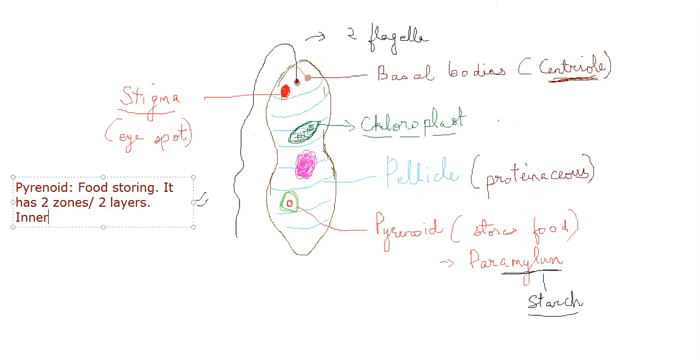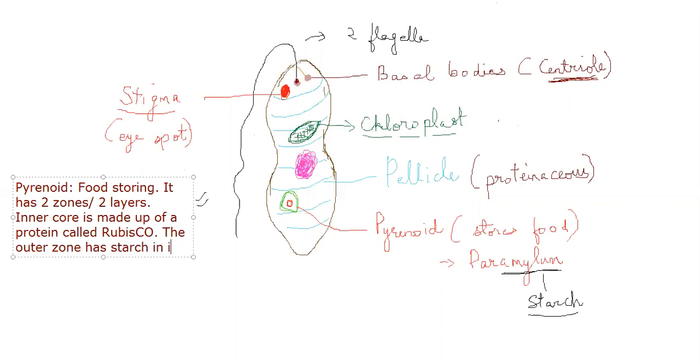The inner layer, the inner core, is made up of a protein called rubisco. R-U-B-I-S-C-O. Rubisco. The outer zone has starch in it. Right.